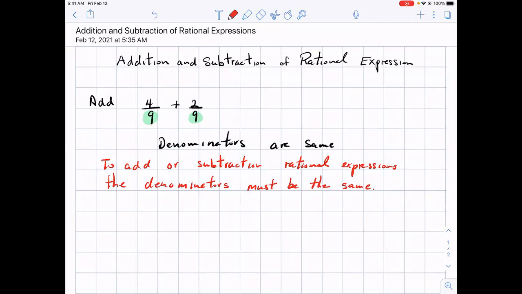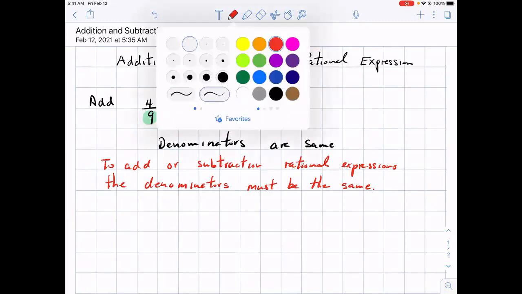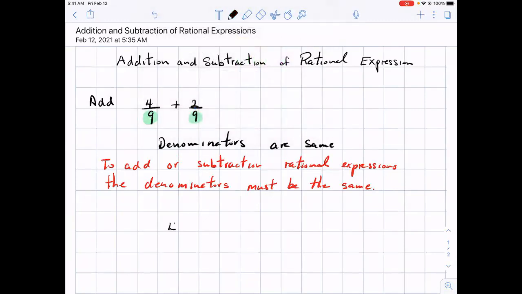So when the denominators are the same, what we do, we keep the denominator. We do not add the denominators.